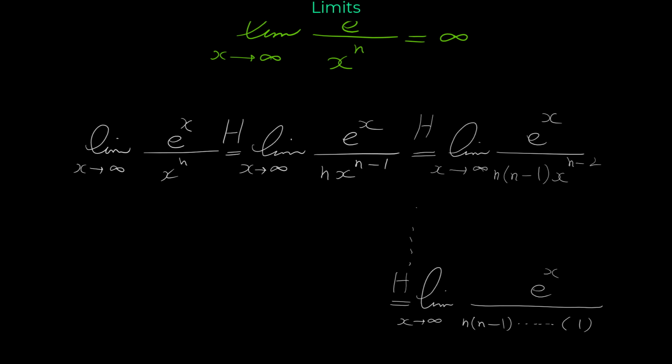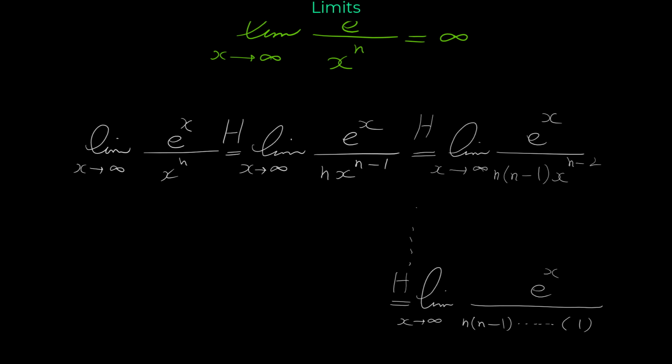So by applying L'Hopital's rule repeatedly, the degree of x becomes smaller and smaller, and finally we get rid of x to the n and only these numbers remain in the denominator. You probably know that n times n minus 1 times n minus 2 up to 1 is n factorial. So you can rewrite this as n factorial if you want, but let's leave it like this.